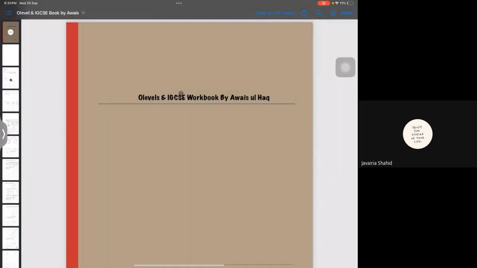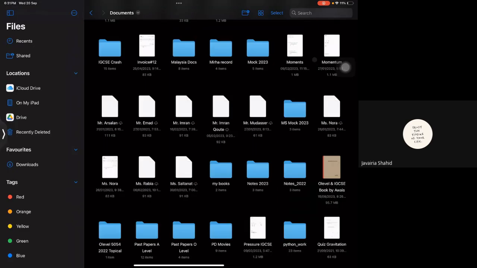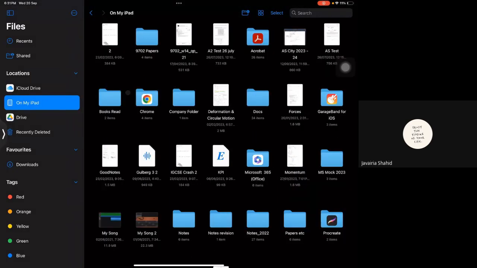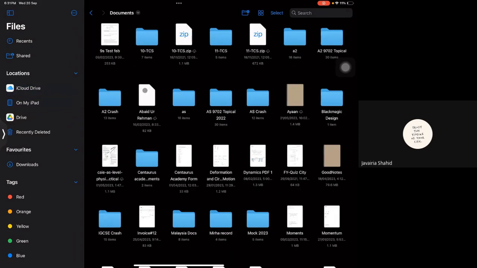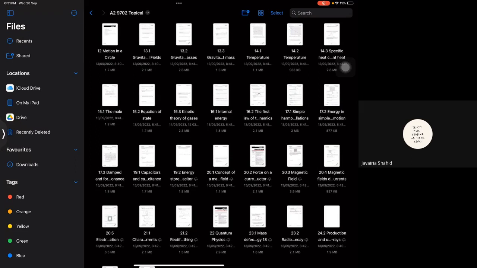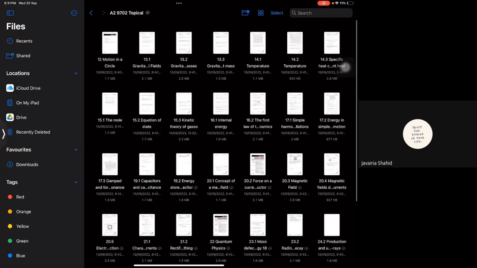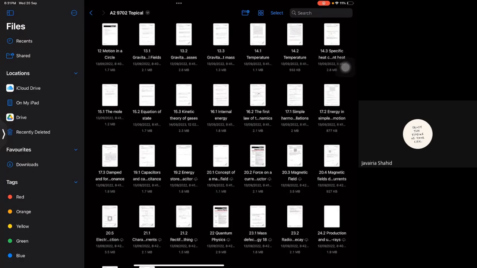The next worksheet is a very interesting one, the capacitance one. So let's have a look from where I can give you that worksheet. An easy one or a hard one? Let me see. A2. Also, I wanted to tell you something important.